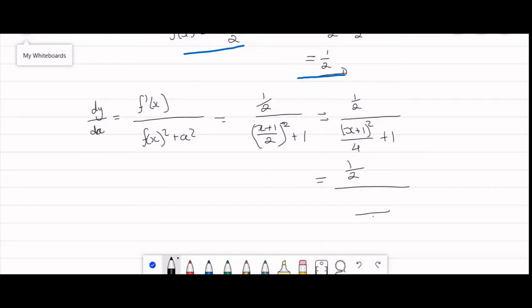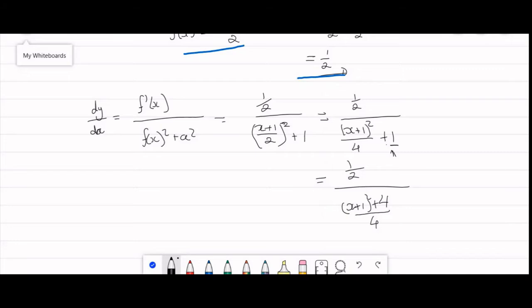In this case it will be 4. 4 goes into 4 once, so we'll have (x plus 1) squared plus, 1 we know is always over 1, so 1 goes into 4 four times. So 4 times 1 is equal to 4.